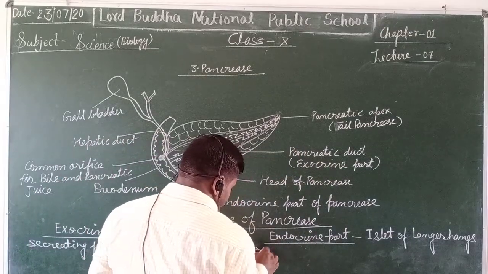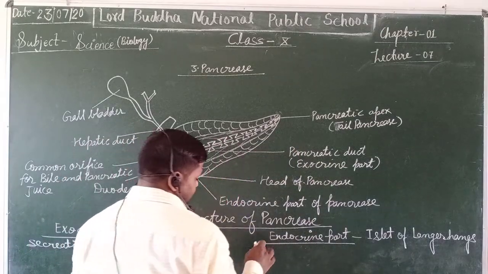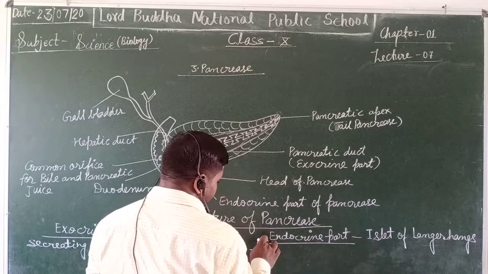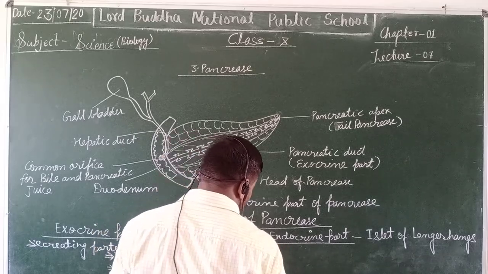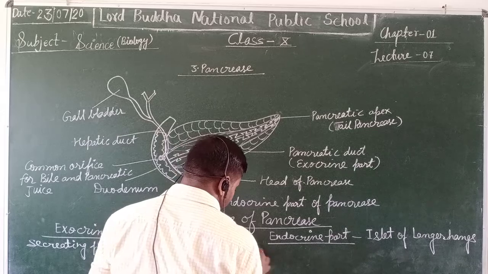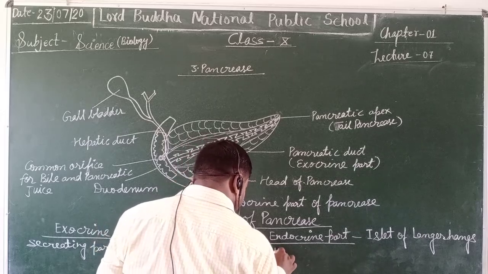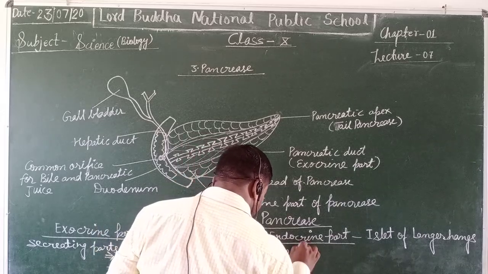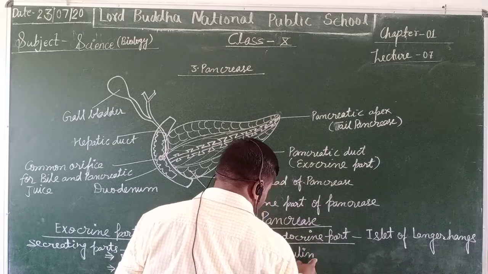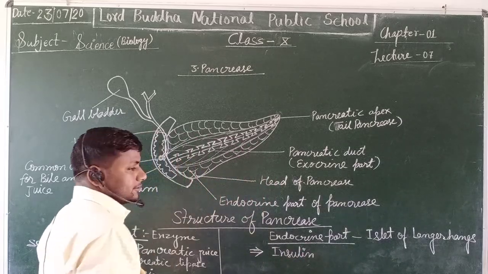This part secretes three important hormones by special types of cells. These are insulin, a very important hormone nowadays.